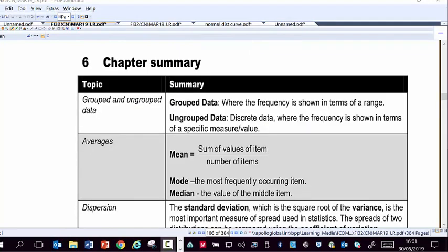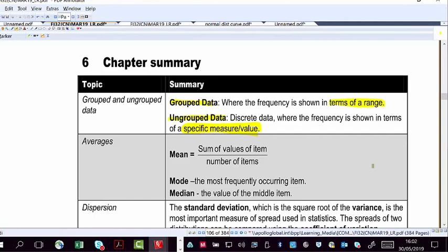Let's summarise Chapter 4b. We looked at both grouped and ungrouped data, and remember, grouped data is where we show the information in terms of a range or a class, whereas ungrouped data is where we show the individual specific items or values. You then need to be able to do 3 calculations. You need to be able to calculate the mean, the mode and the median.